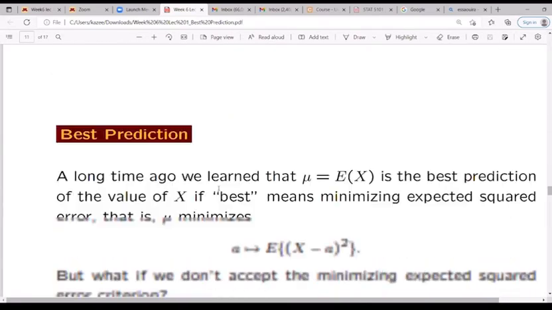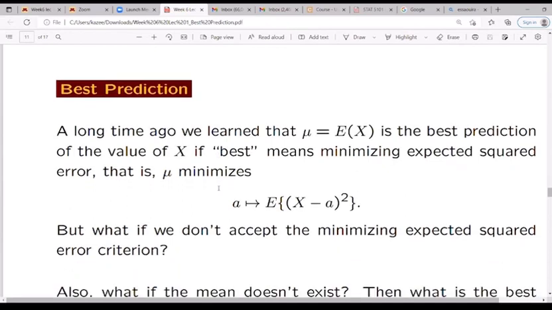I think the next objective of the day is what we call the best prediction. In statistical theory, before we actually observe, we normally have certain values in mind, since our mind cannot be empty.